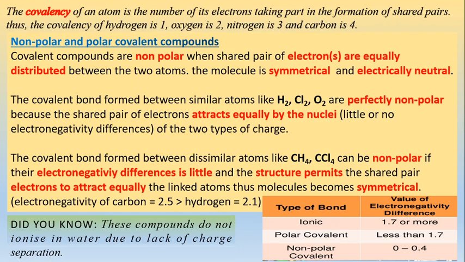The nuclear charge would be the same for two hydrogen, two chlorine and two oxygen. So the attraction between one atom and another would be equal, and there is no excess of charge among themselves, and because of that they are perfectly non-polar.